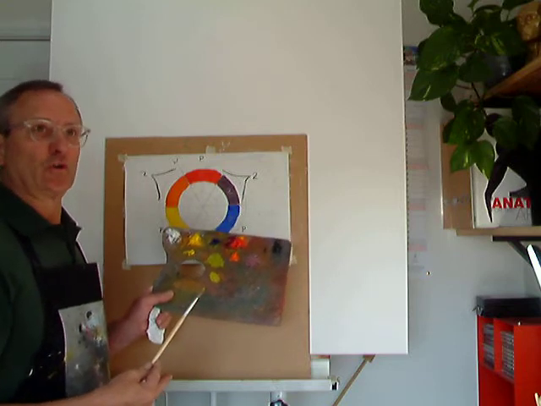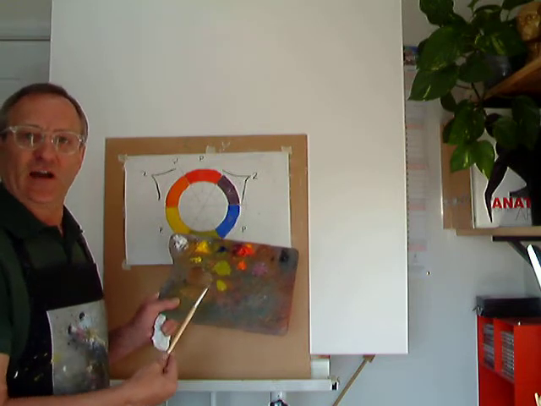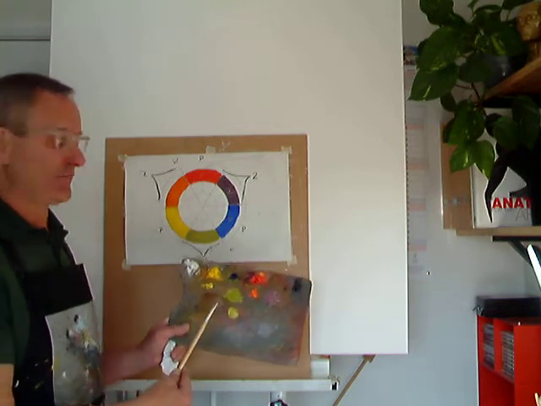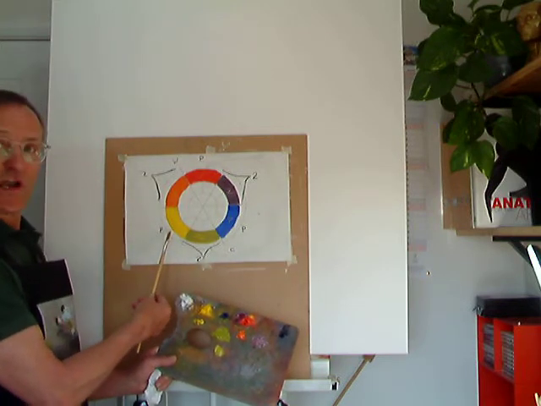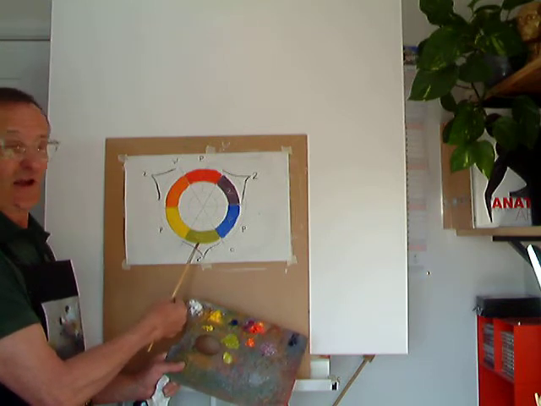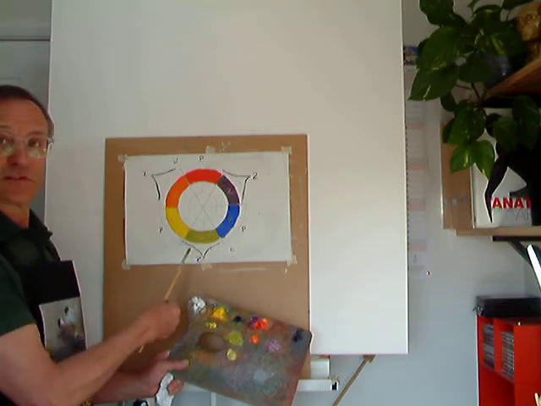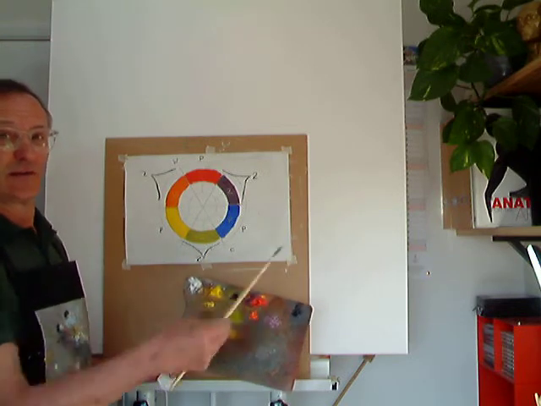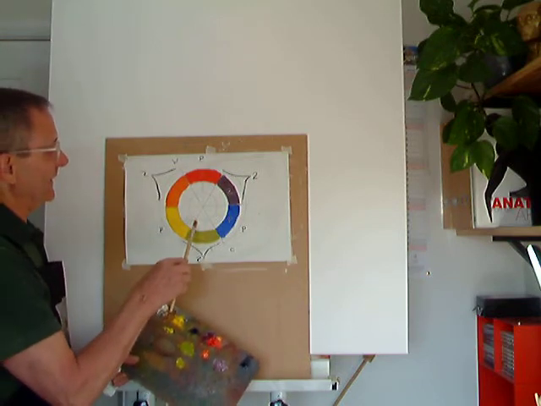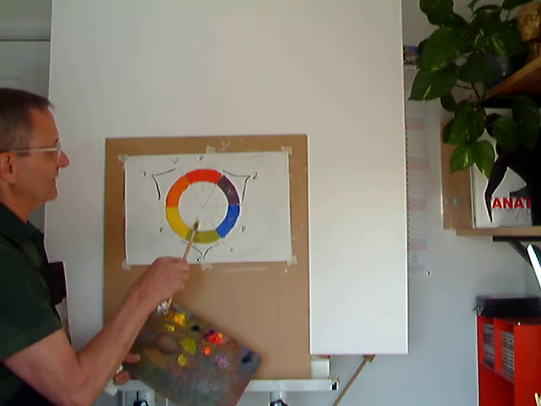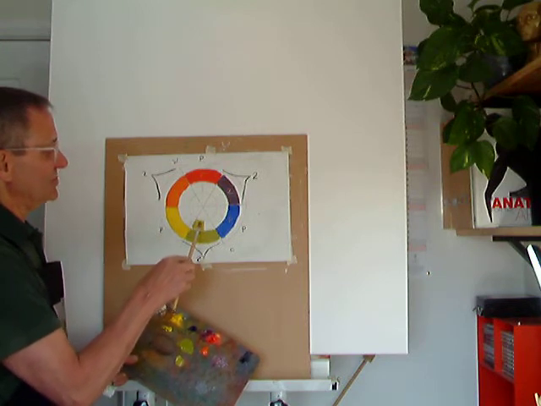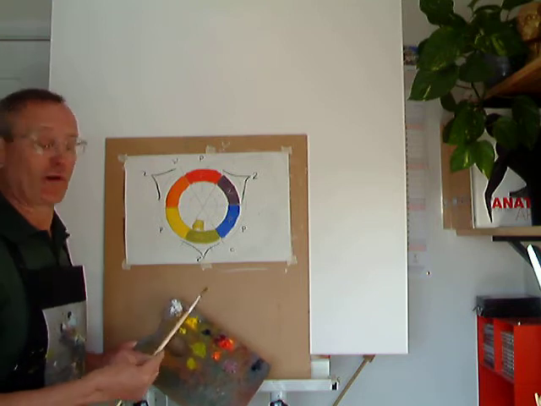So in effect what you've got is 75% of one colour and 25% of another, because we used yellow to make the green. So we've got 75% yellow and 25% blue. Three quarters of the mix. Let's just put that in here. And you can see what you've got is a yellow green.